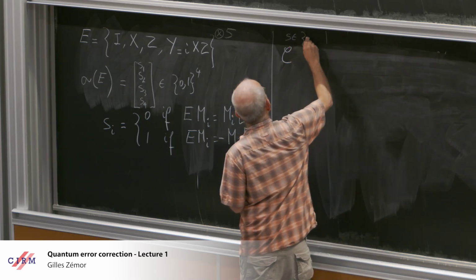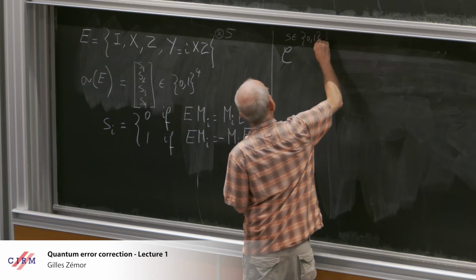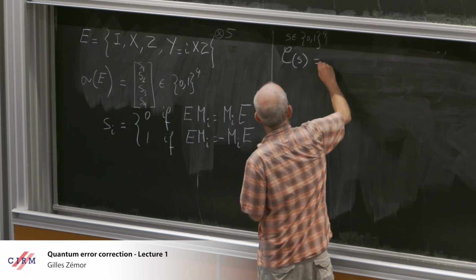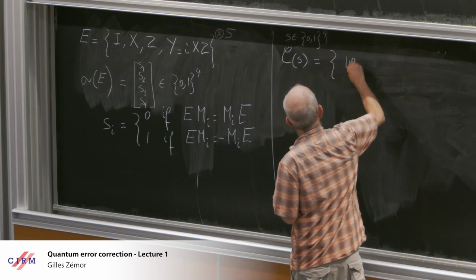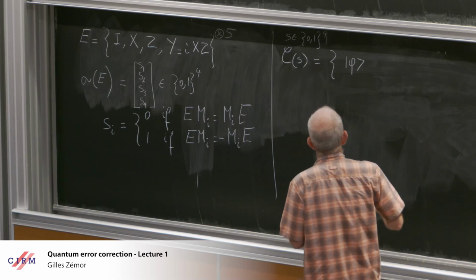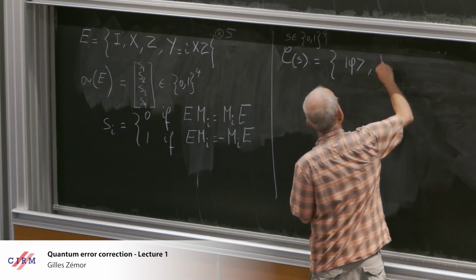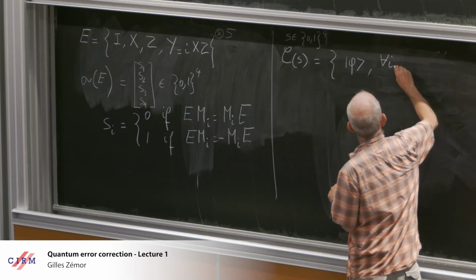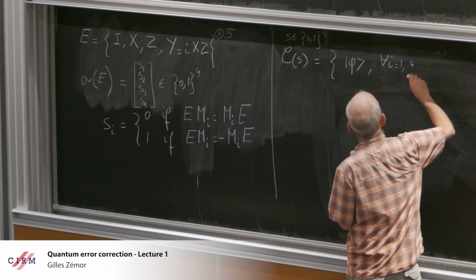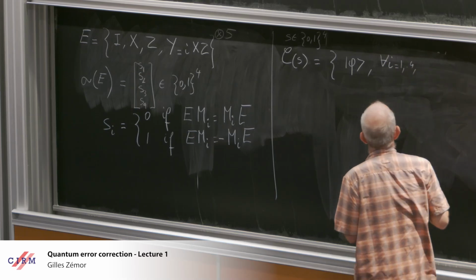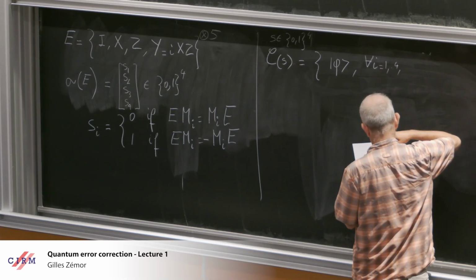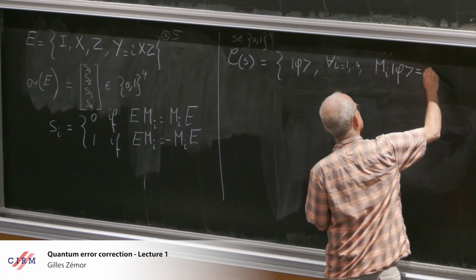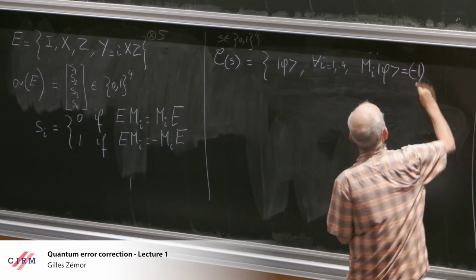So for S in {0,1}^4, let me define C_S to be those states phi such that for any i equal to 1, 2, 3, or 4, Mi times phi equals (-1)^Si times phi.